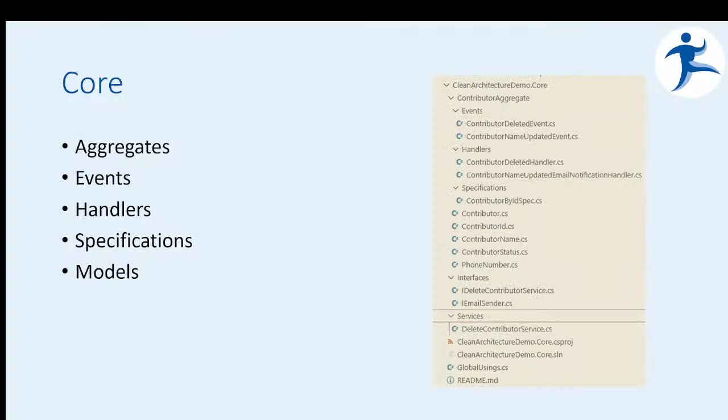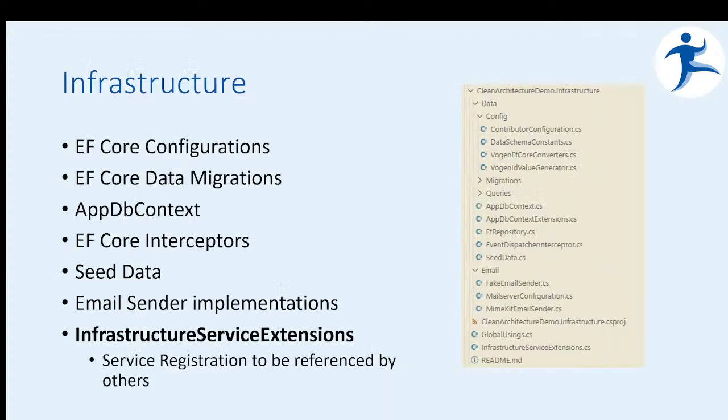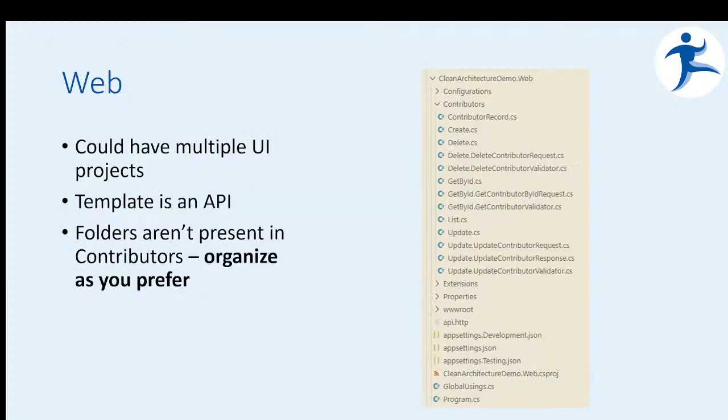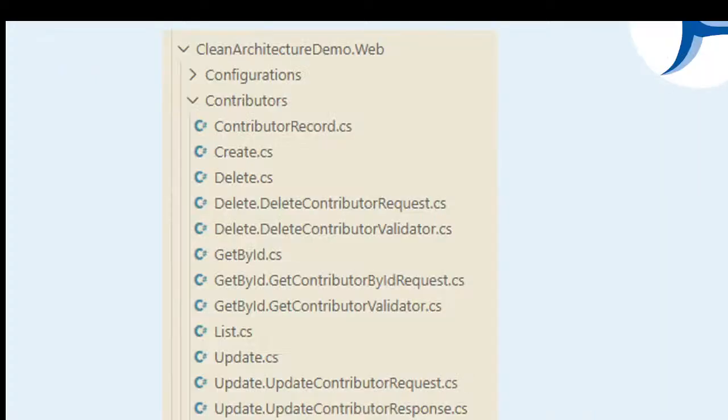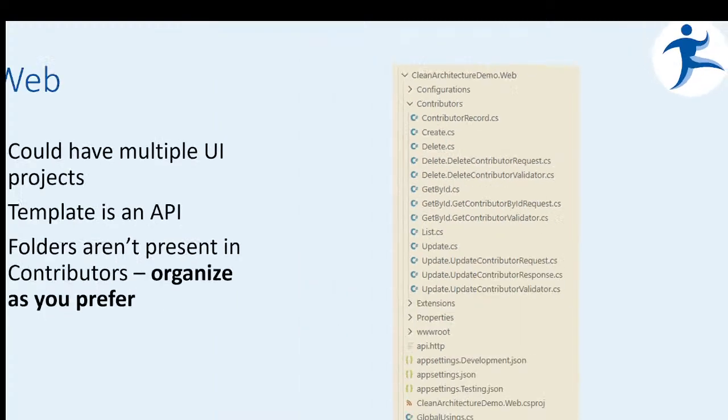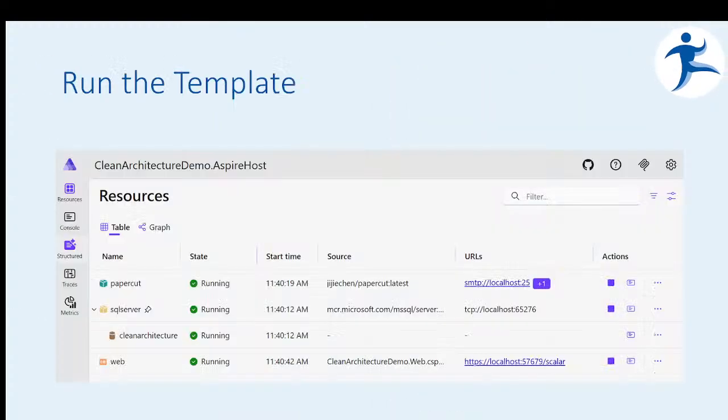All right, so we looked at core and use cases, and we looked at infrastructure, and I pointed out the infrastructure service extensions. And then there's web, and again, in the slides, I even called out that those folders do not exist. If we look again in this section, no folders. I'm getting twitchy about it because I prefer folders, but you don't have to.